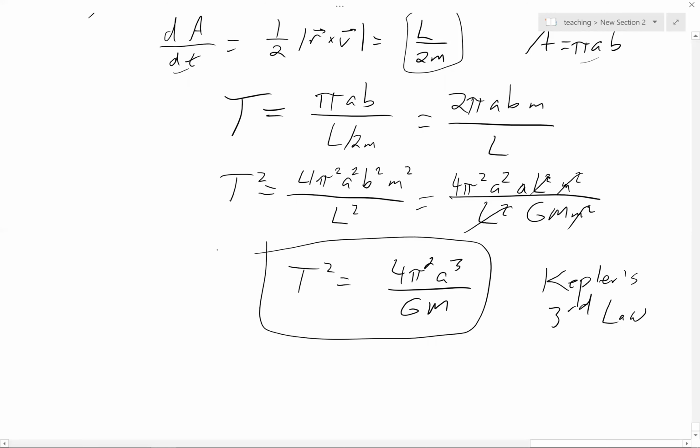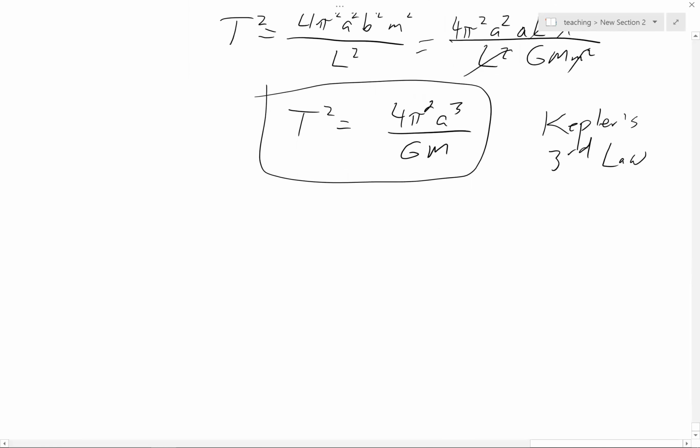So that was pretty easy at the end. The hard step was finding that first law. But now that we're done, let me remind you of the logical progression. Newton had to get his law of gravitation from somewhere. To get that, what he used was Kepler's third law just for circles.